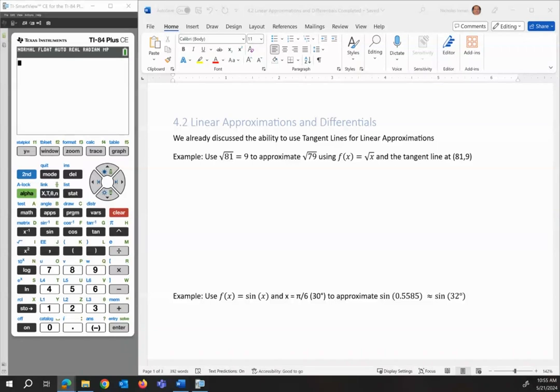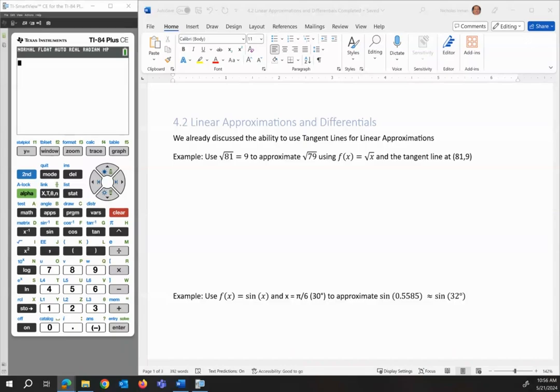But to approximate the square root of 79, just a little bit under 81, I know the answer is just a little bit under 9, but without an actual calculator, this is really hard to figure out. The general idea is that tangent lines can do a decent job of approximating these things.